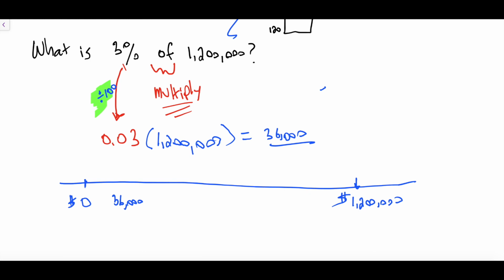What is 100% of 1,200,000? 100% of that is that. So this is 100%. And what is 0% of 1,200,000? $0. And what is 3% of 1,200,000? 36,000. So you're correct.